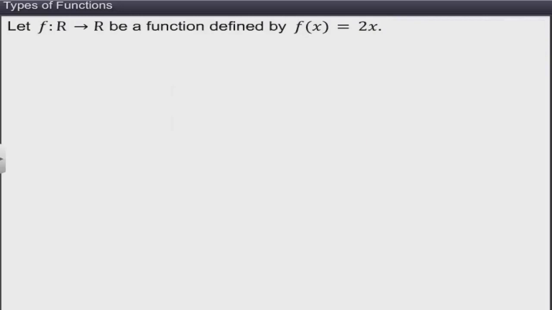Moving forward, let's now show that the function f from R to R, defined by f(x) equal to 2x, is a 1-1 function.